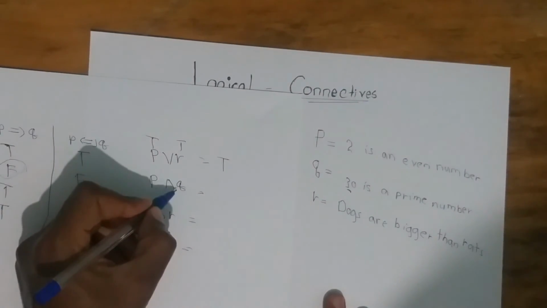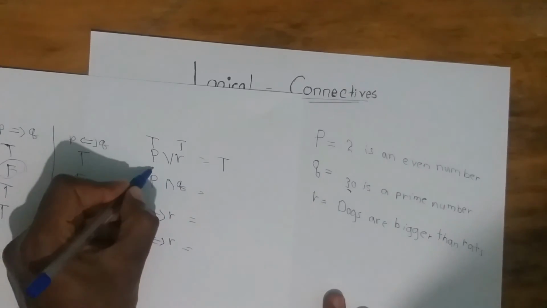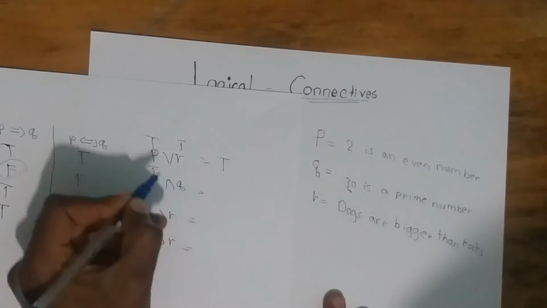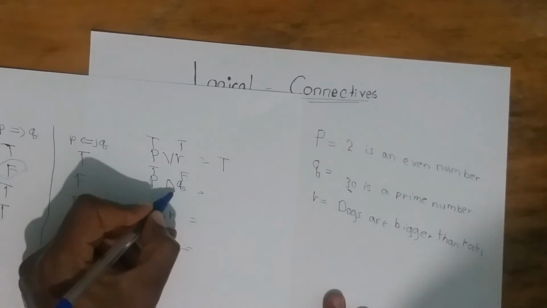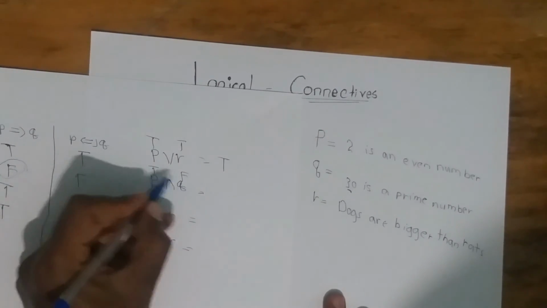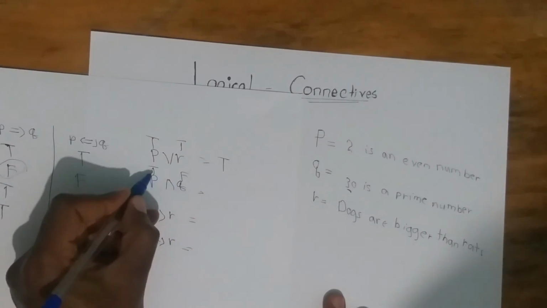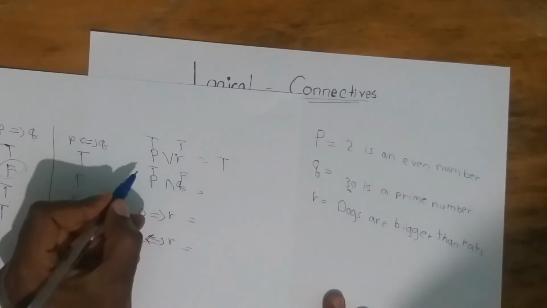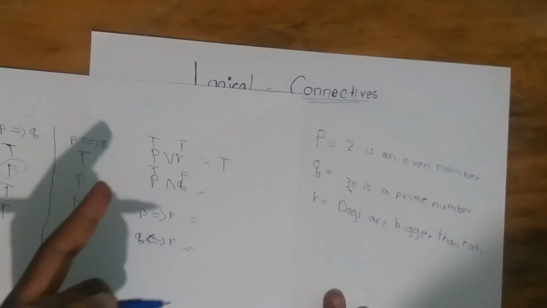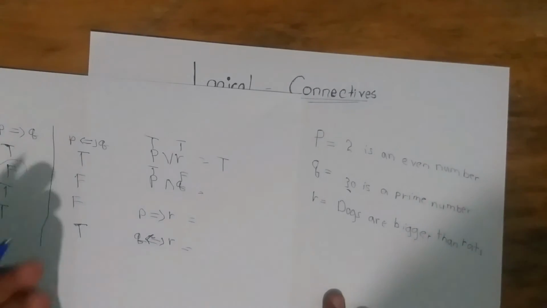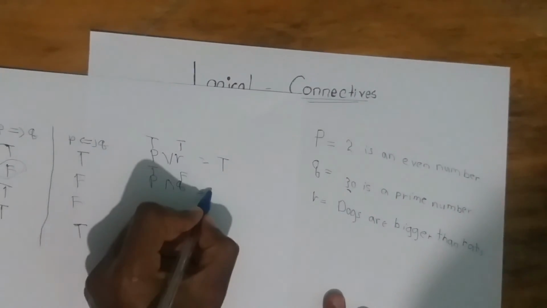P conjunction Q, where Q is false, right? If one is true and the other is false, it's only true for conjunction if both values are true. So we're gonna say this one is false.